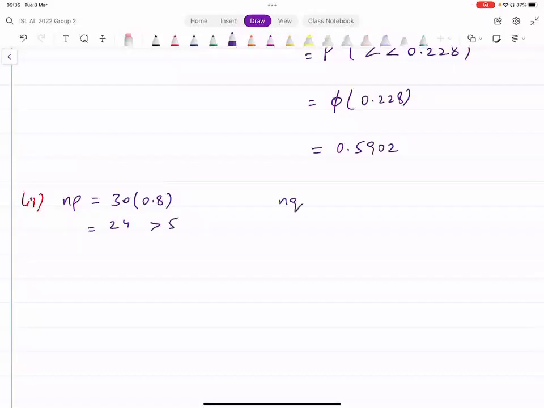You evaluate NQ. 30 into 0.2, that is 6, and that is also greater than 5. These are the two things you have to do. So you say NP is greater than 5 and NQ is greater than 5. Since both of these conditions are met, your use of normal distribution is justified.